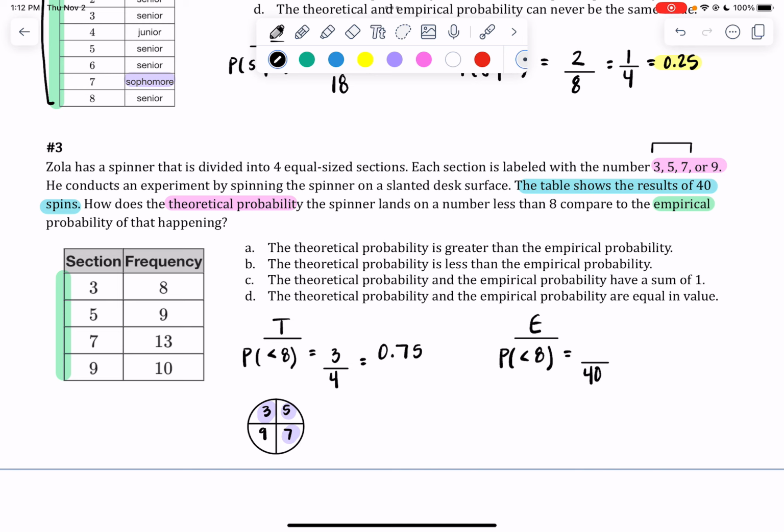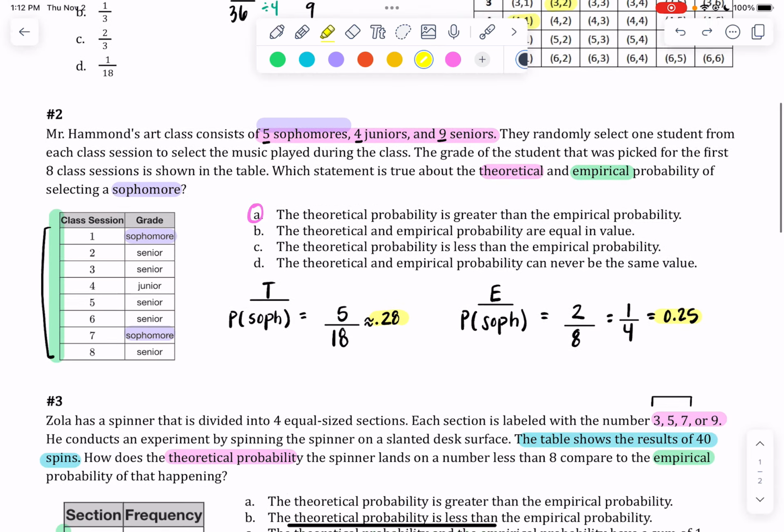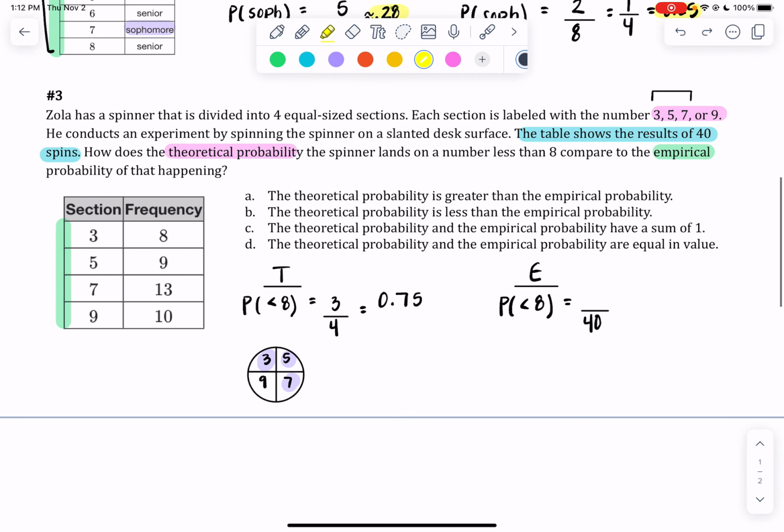And then for the numerator, our favorable outcomes. When I say that, I'm referring to these formulas up here. So right now with empirical, the total number of observed occurrences was the 40 spins. And right now we're trying to find the number of times the event occurred. In this case, the event is landing on something less than 8.